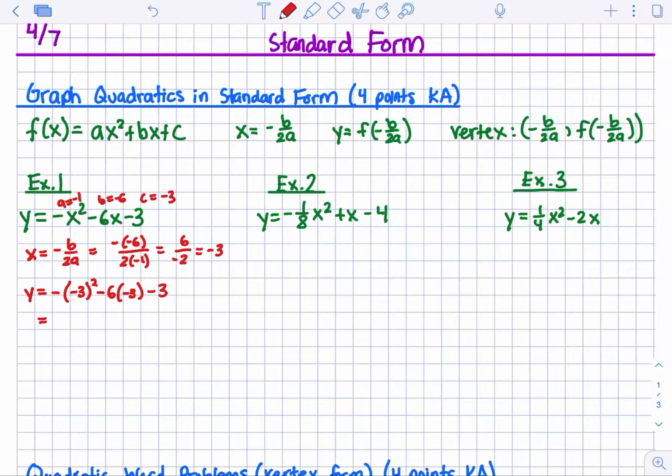So this is going to equal negative 3 squared, you guys, is 9. Negative 6 times negative 3 is positive 18, minus 3. Negative 9 plus 18 minus 3. And this is going to simplify to 6. So our vertex is negative 3 comma 6.